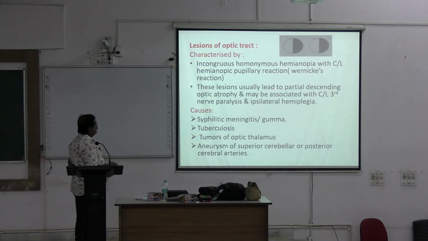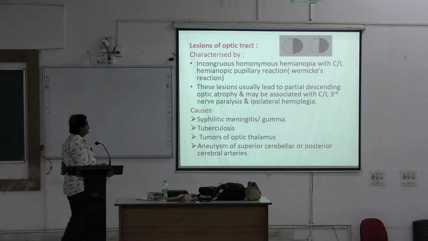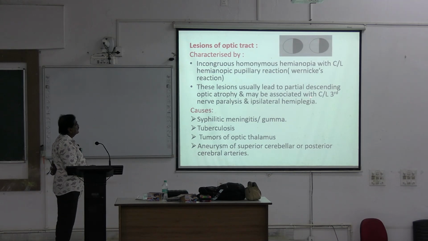This lesion usually leads to partial descending optic atrophy and may be associated with third nerve paralysis and ipsilateral hemiplegia. Causes: syphilitic meningitis, gumma, tuberculosis, tumor of the optic thalamus, aneurysm of the posterior cerebral or superior cerebellar arteries.